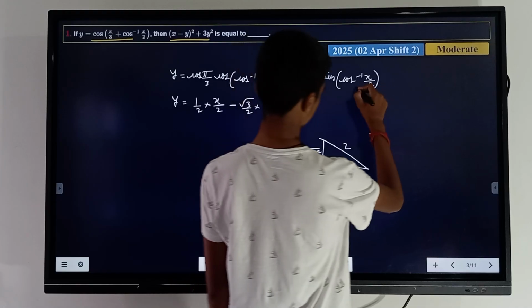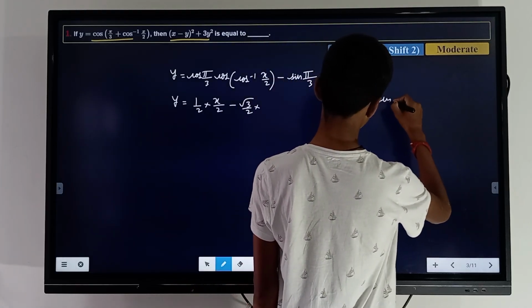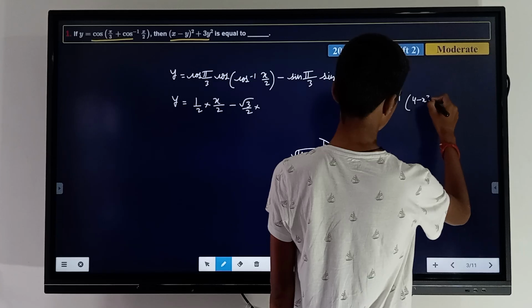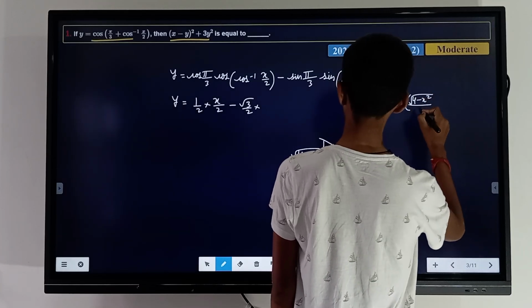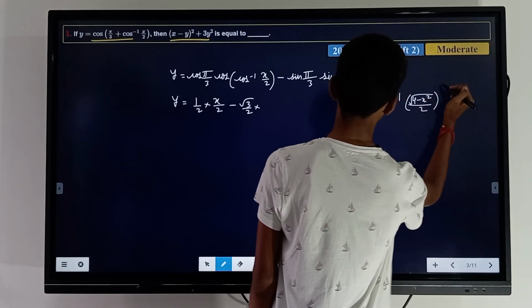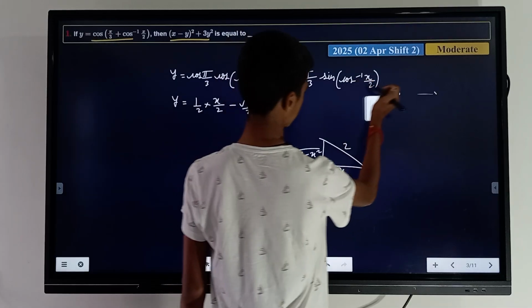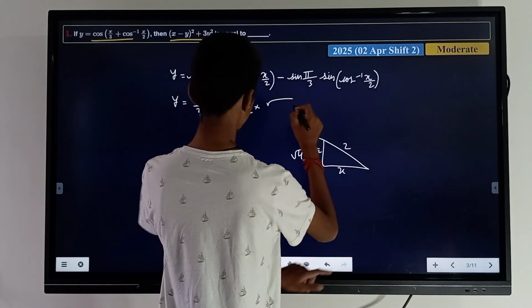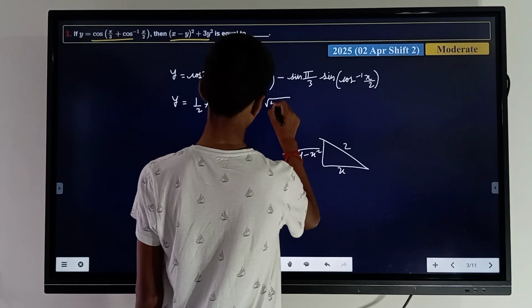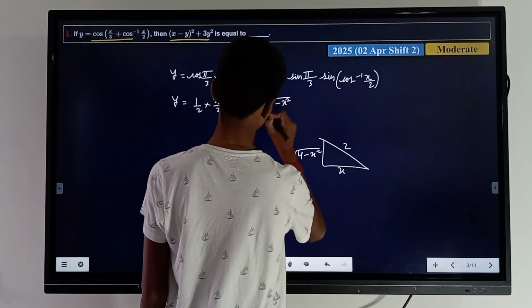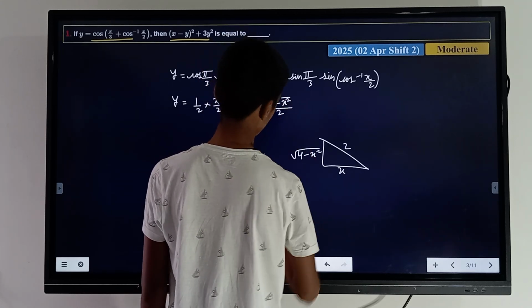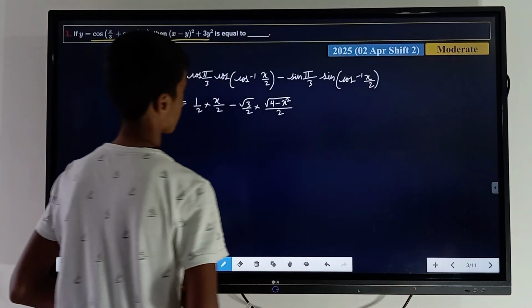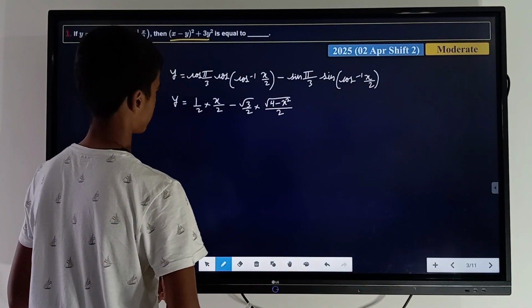So this will be sine inverse of root of 4 minus x square upon 2. So the value for this expression will be under root of 4 minus x square upon 2.